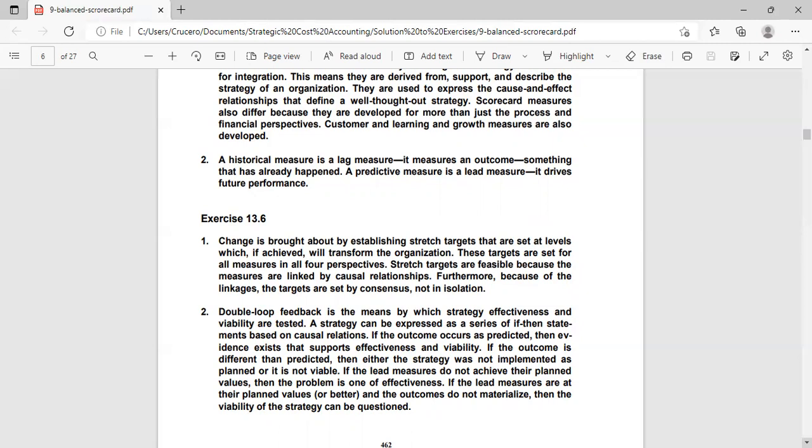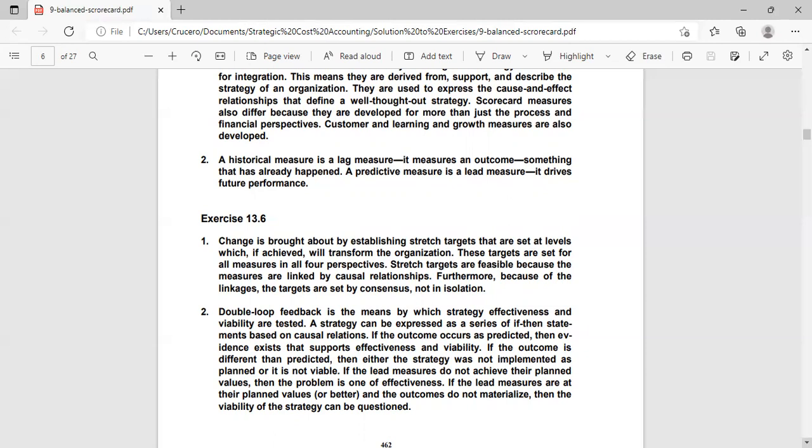So we now have double loop feedback, the means by which strategy, effectiveness, and viability are tested. Strategy can be expressed as a series of if-then statements based on causal relationships.